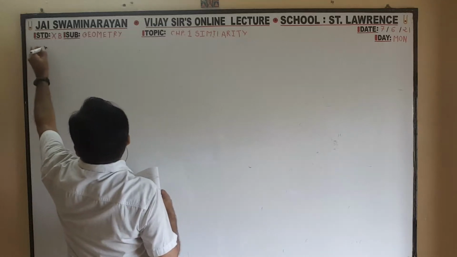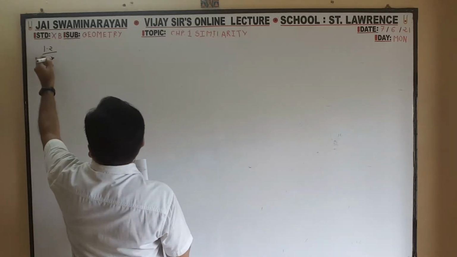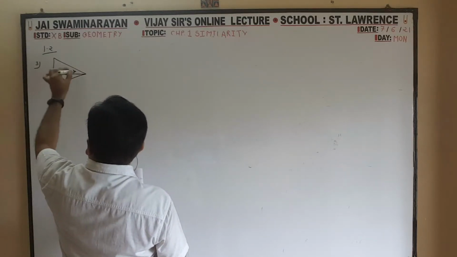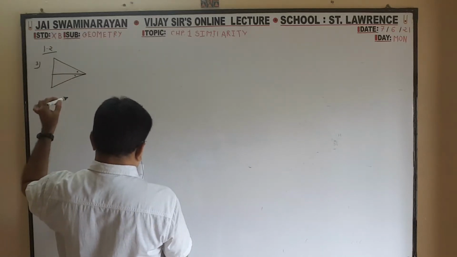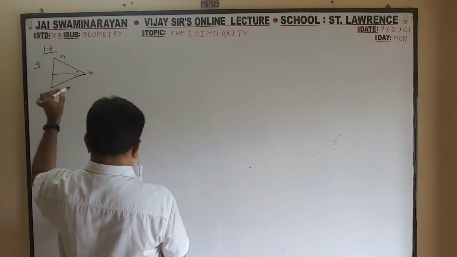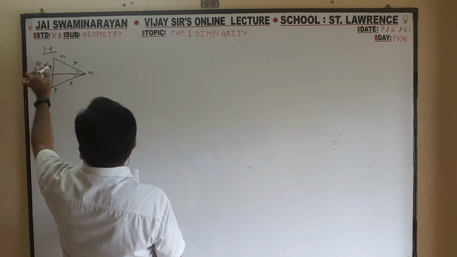So now already we have started. It is given angle bisector, MNP, 7, 5, 2.5.